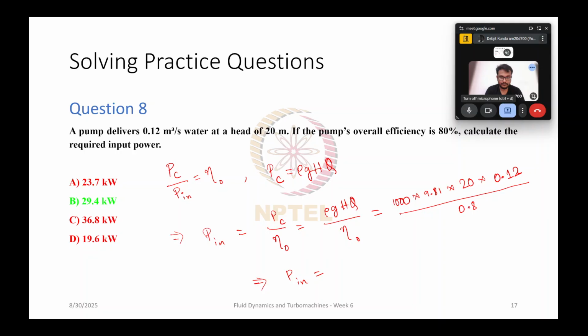I have 981 into 20 into 0.12 divided by 0.8. So that gives me 2943 watts actually.